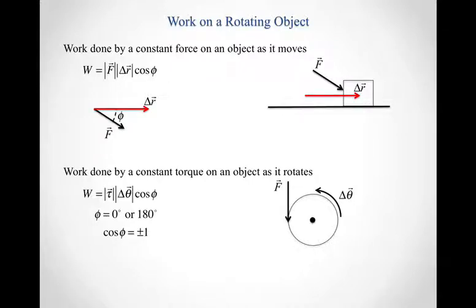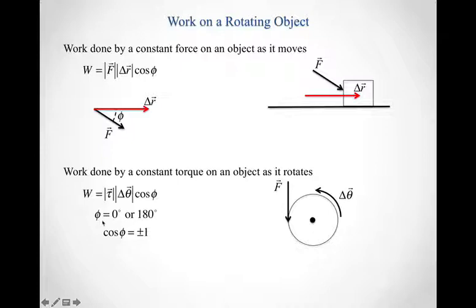If this disk is rotating counterclockwise, then if I take the fingers of my right hand and curl them counterclockwise, my thumb points out, and so I can see here that the angular displacement also points out of the page. So this is a situation where the torque generated by this force and the angular displacement point in the same direction.